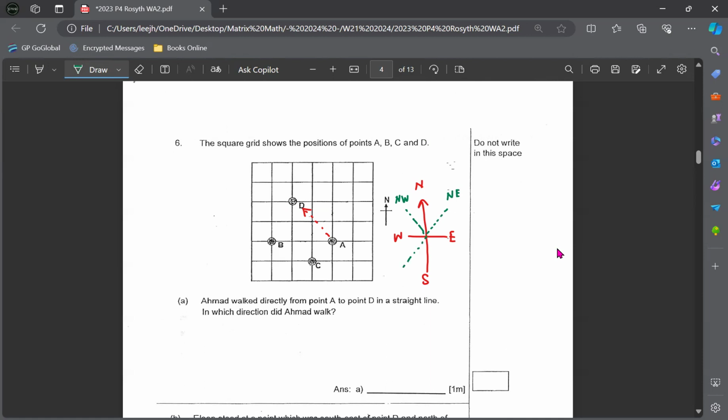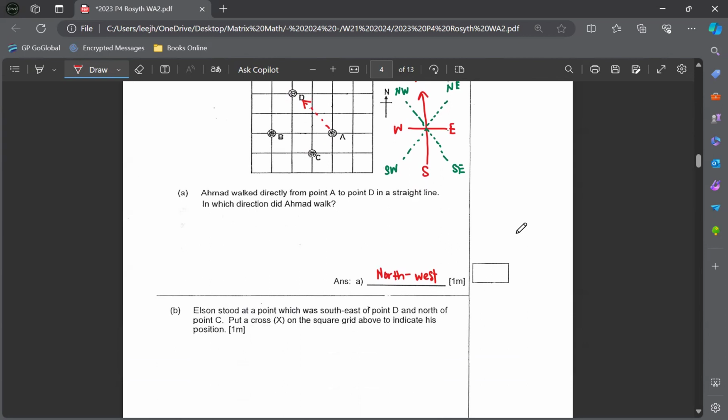This southwest. And this southeast, right? So we want to see which is this position, which means we are going this way. So your answer for A is actually northwest. So you must not write NW, right? Spell out northwest.